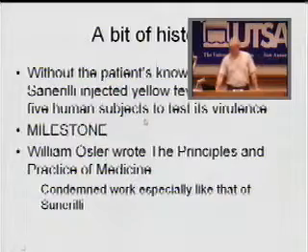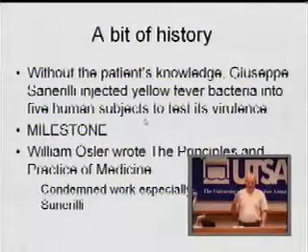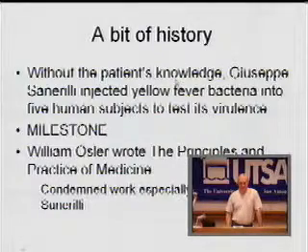So obviously we're understanding that that line of reasoning was used by the scientists in attempts to justify the acts. Without the patient's knowledge, Giuseppe Sanarelli injected yellow fever bacteria into 5 human subjects to test its virulence.